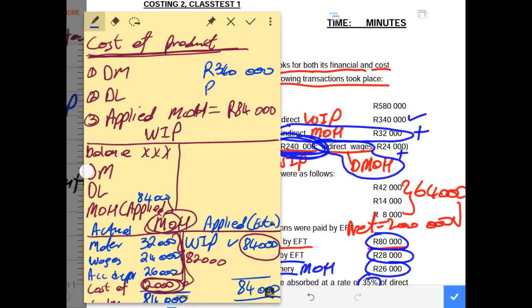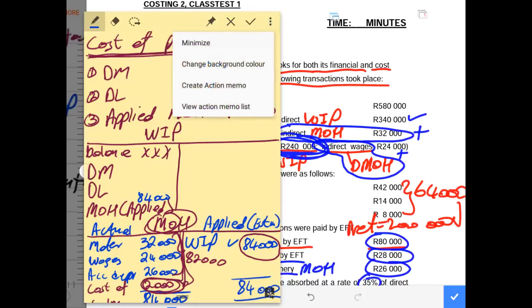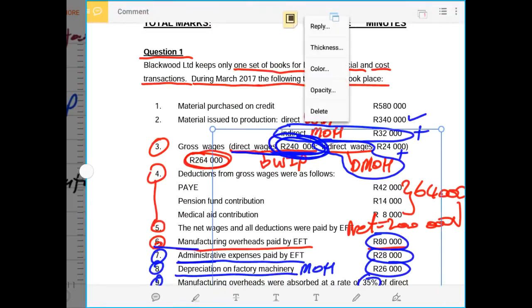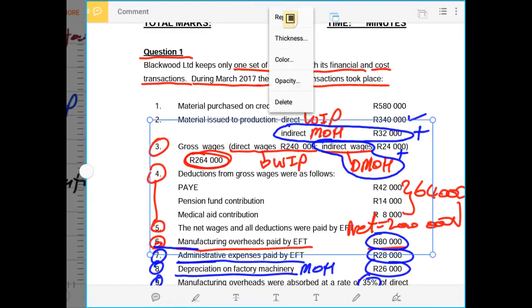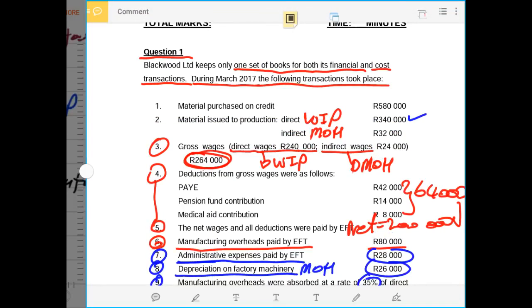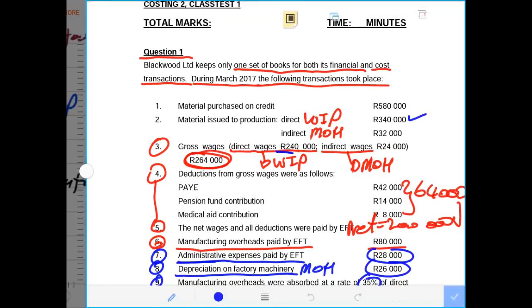Direct labor that was issued into production amounted to 240,000 rands. Let me just erase some of my writing so that we can clearly see the figures. Remember, the direct wage was 240,000 rands.